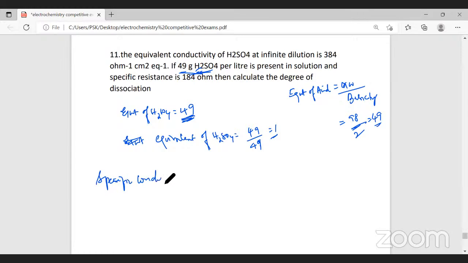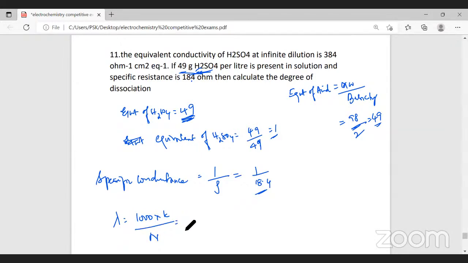Now what is the specific conductance here? Specific conductance will be equal to the inverse of specific resistivity. That is nothing but 1 by 18.4. It's not 184, it's 18.4. Specific conductivity is 1 by 18.4. Now we know that equivalent conductance can be calculated by the formula 1000 into K divided by normality.